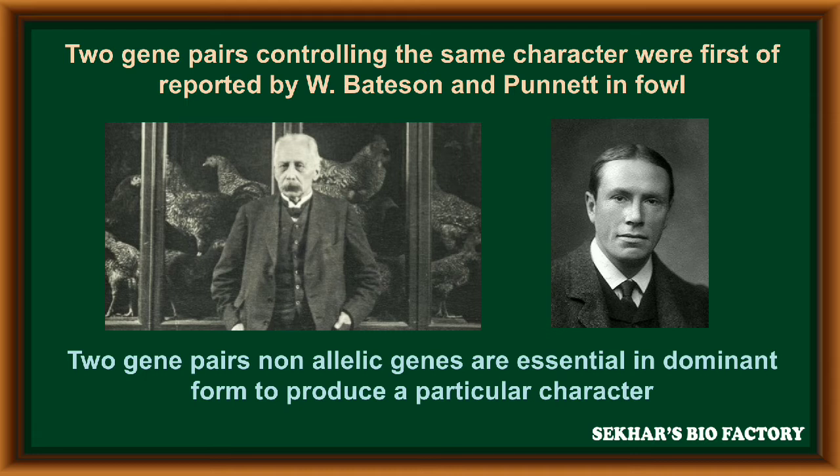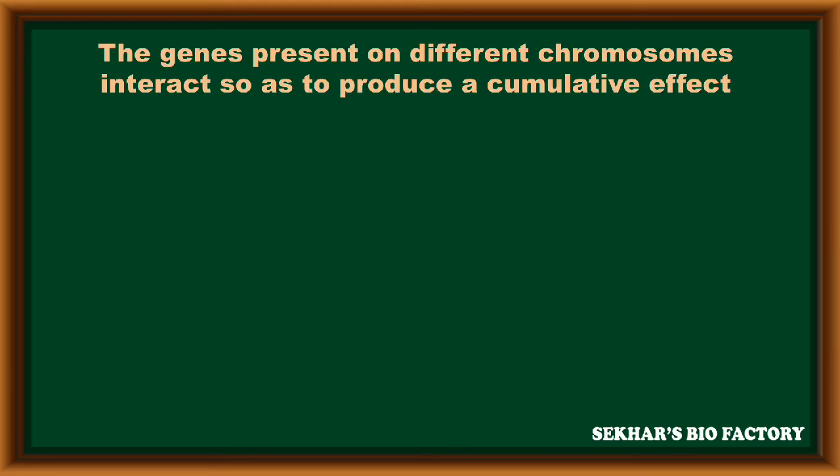Two gene pairs, non-allelic genes, are essential in dominant form to produce a particular character. The genes present on different chromosomes interact together to produce a new cumulative effect.